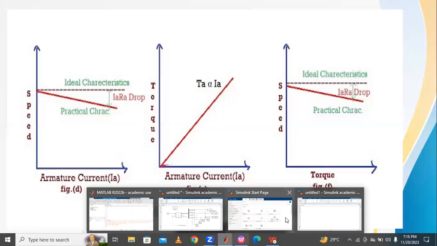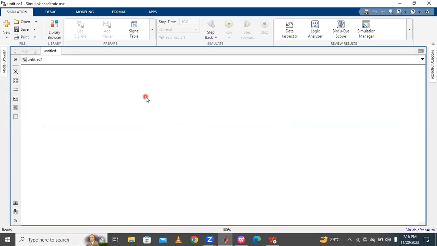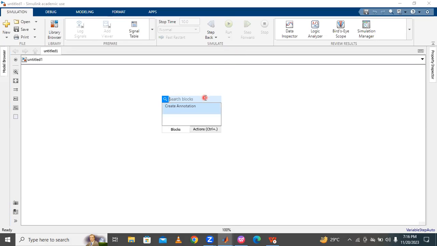Open MATLAB Simulink. Okay, so opening MATLAB Simulink on the screen, press the mouse left click two times like this. Right here, DC machine.